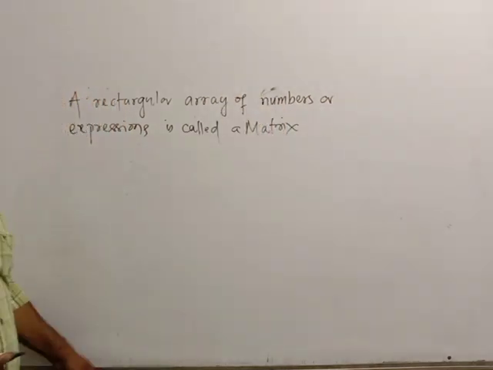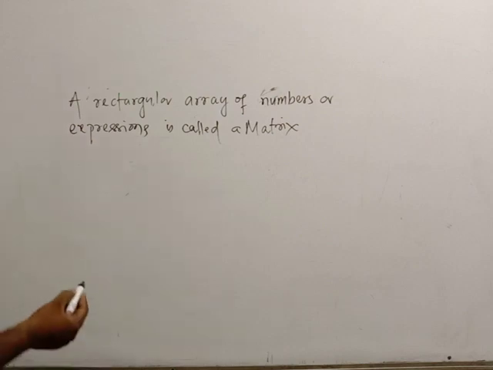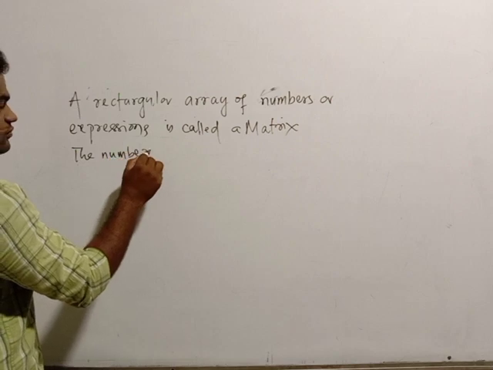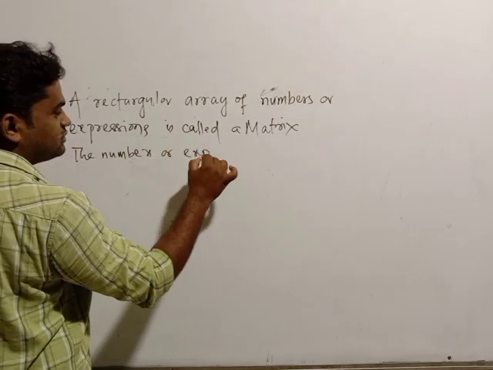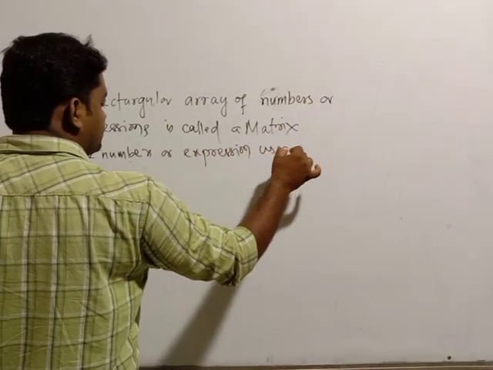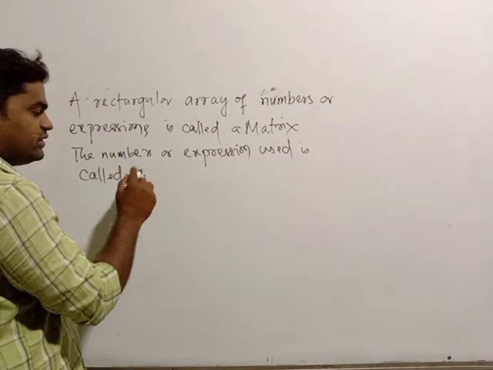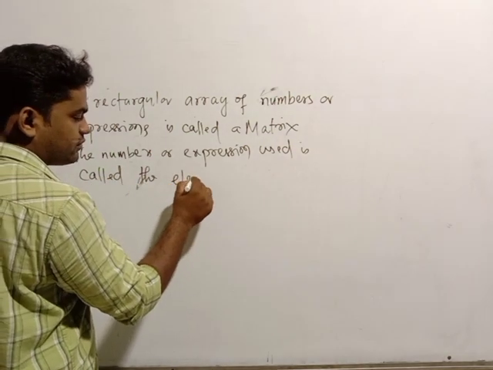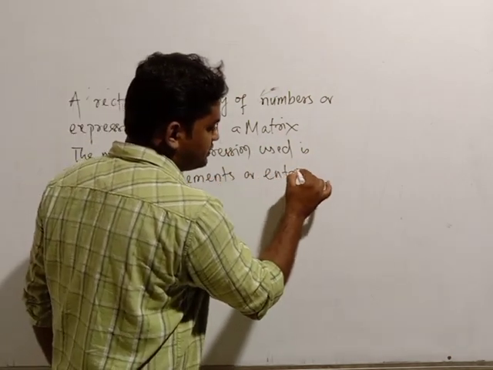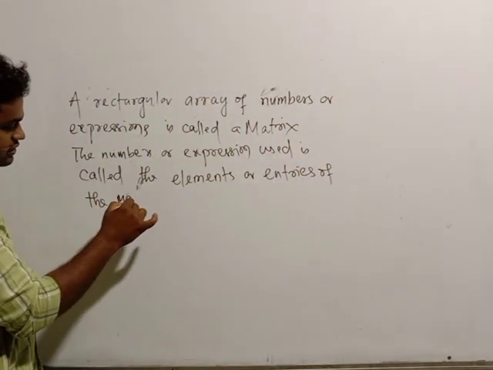First we studied that a rectangular array of numbers or expressions is called a matrix, and the numbers or expressions used are called the elements or entries of the matrix.